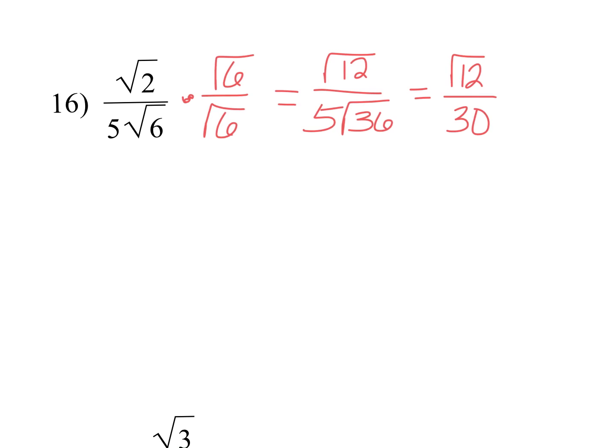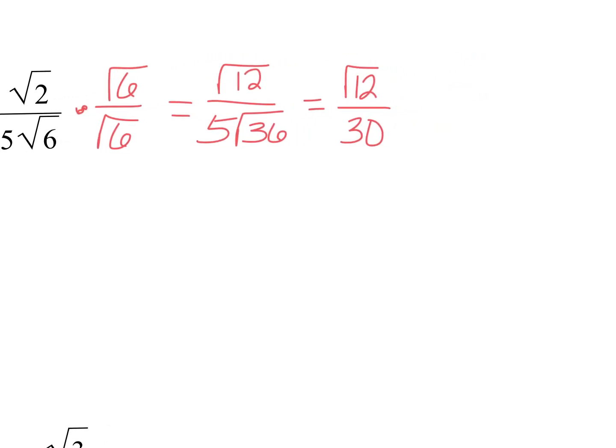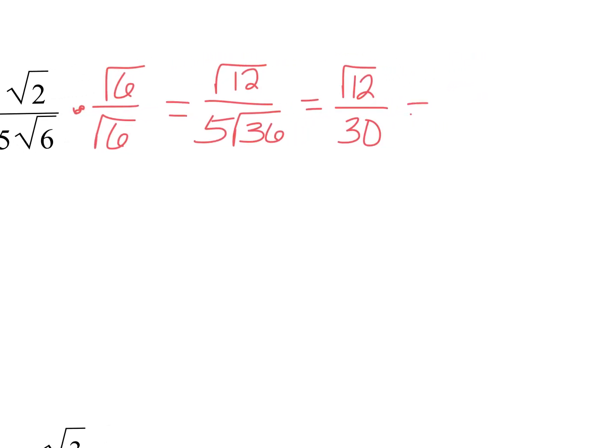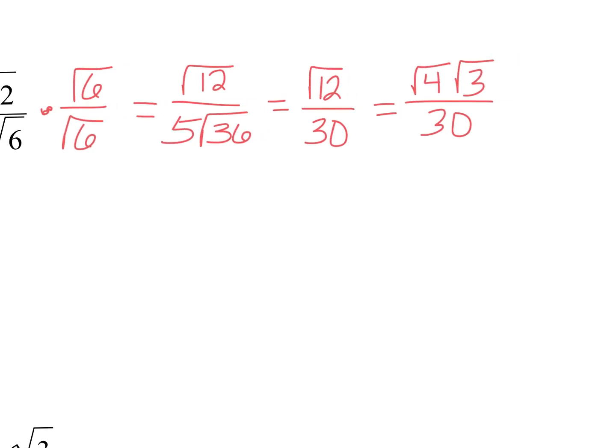What's wrong with the top? I can still simplify. So do what you normally do. Is it a perfect square? No. So make your good and your bad. We still have 30 on the bottom. What's a perfect square that goes into 12? 4, and the leftovers are 3. What's the square root of 4? 2.